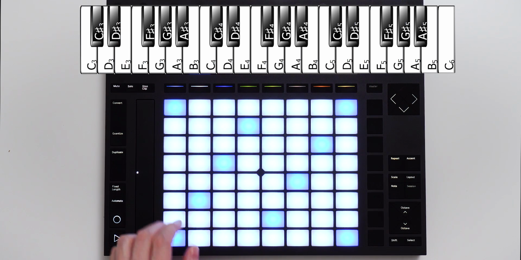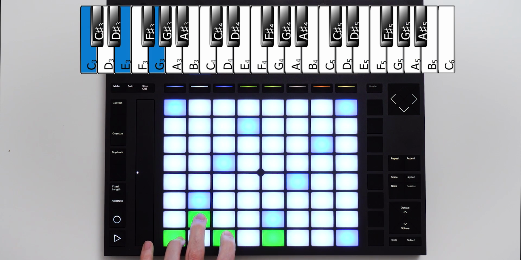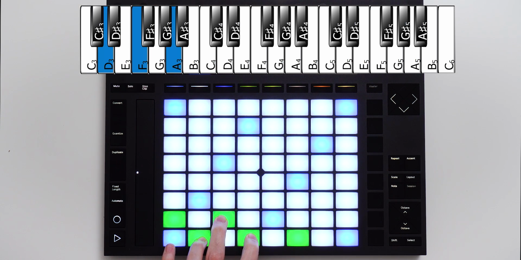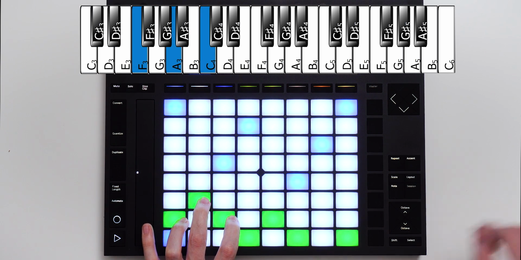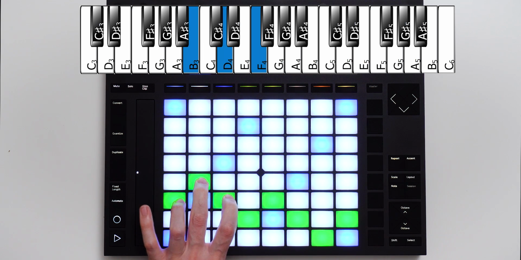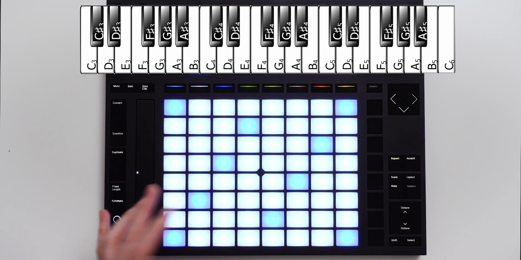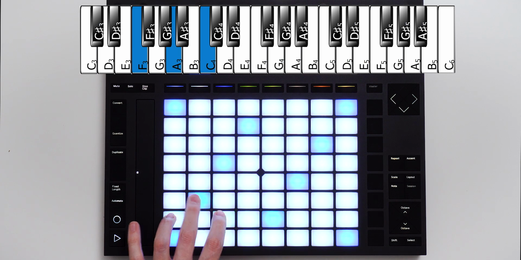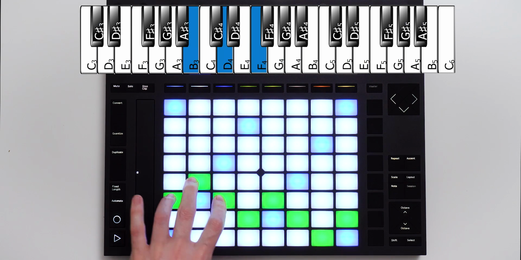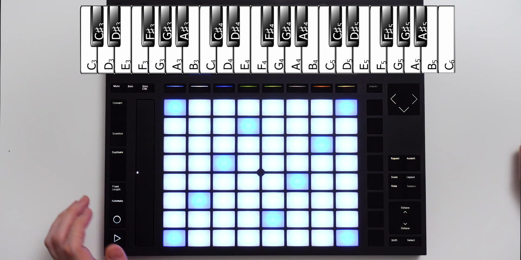This doesn't mean that all these chords are major. Some of these are minor. This is C major, but this is D minor, E minor, this is F major, and this one is B diminished. But just think about these numbers if you don't know about music theory.